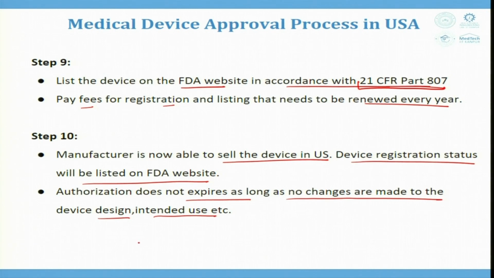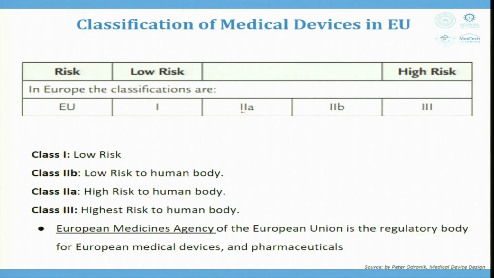There are certain medical approval steps or the classification in Europe as well, which is almost similar to that in US. In Europe also the classification is class 1, 2 and 3. Only the class 2 they have divided into two parts, that is 2A and 2B. Again in Europe, class 1 is a medical device pertaining to low risk.